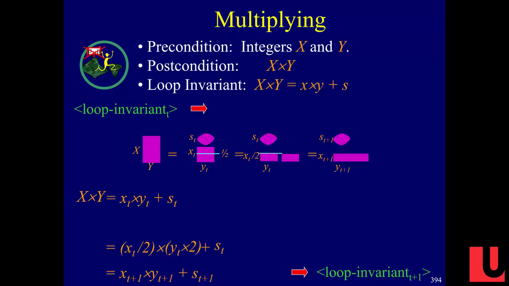And now x is coming down by a factor of 2, and y is going up by a factor of 2. Because we need to maintain the loop invariant, and we need to do it faster. We need to make progress by dividing x by 2 so that our algorithm has good running time. Otherwise, it's exponential. If you subtract 1, it's exponential in the number of bits. If you divide by 2, it's linear in the number of bits.